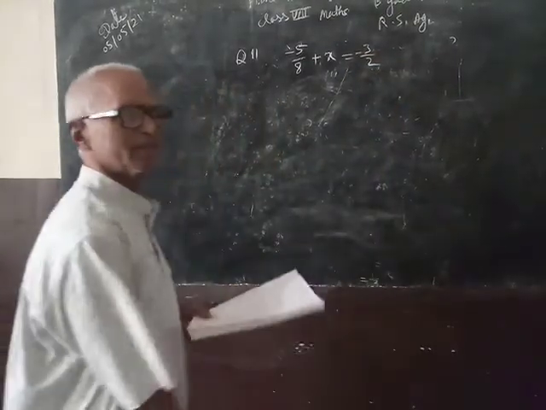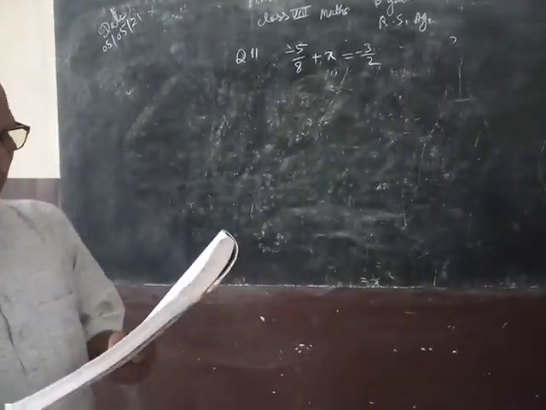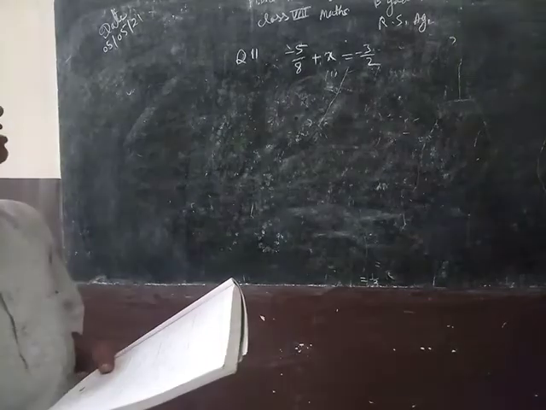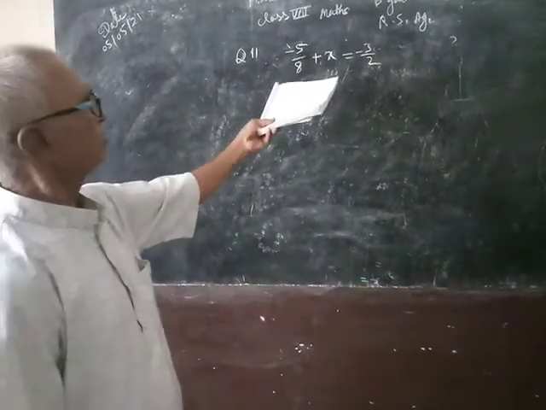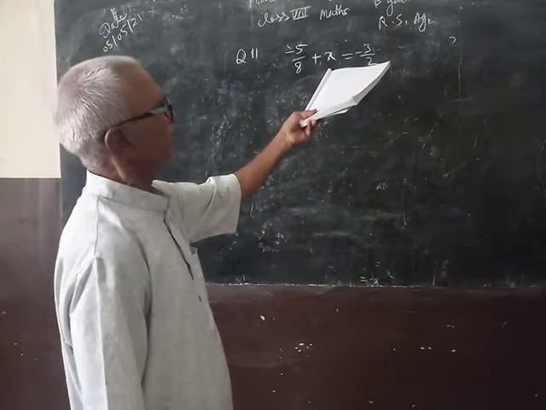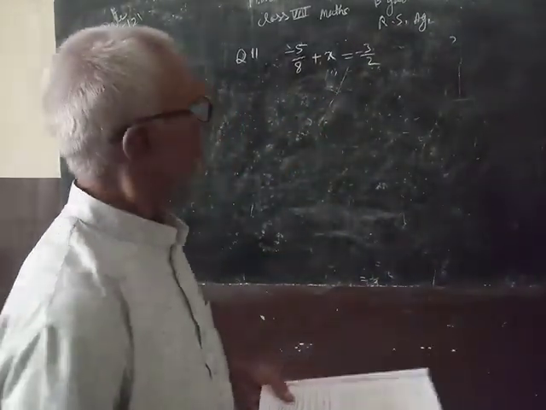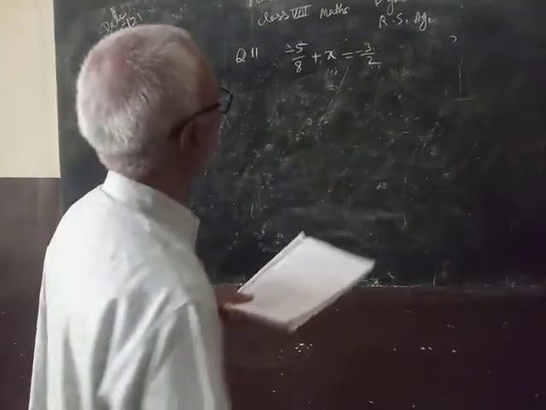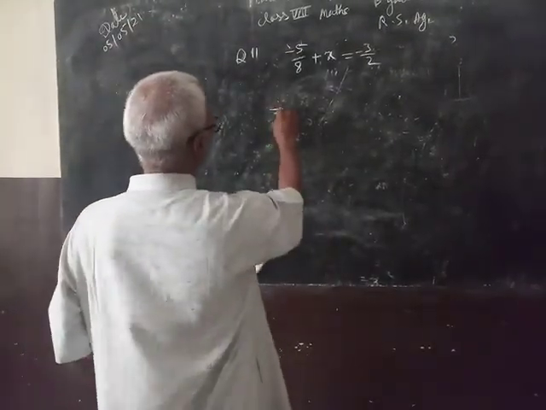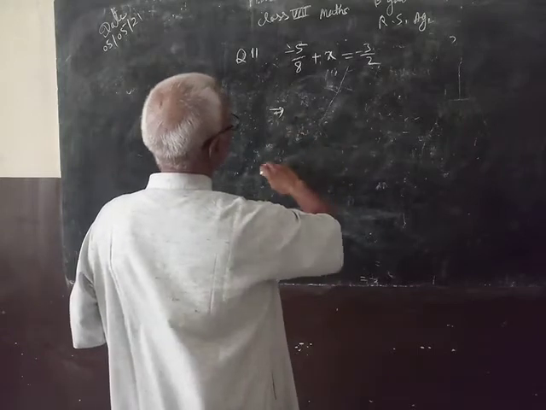I have taken here, as in case of 9 or 10, second number. Here this number plus the number which is added is equal to the sum of the numbers, and that will come. What should be added is asked over here.